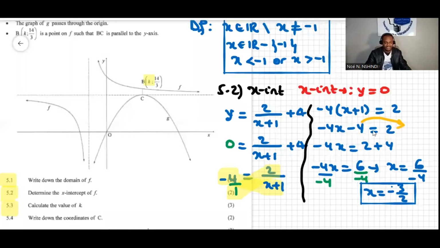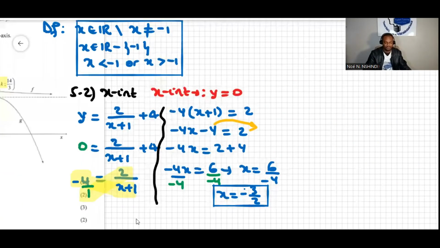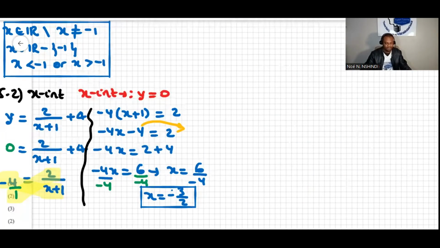We notice that the point B lies on f of x, on the hyperbola. The hyperbola is here. So now let me just move my board like this, and then I'll do 5.3 here. We're looking for the value of k.